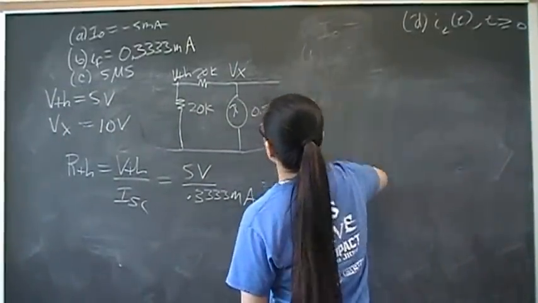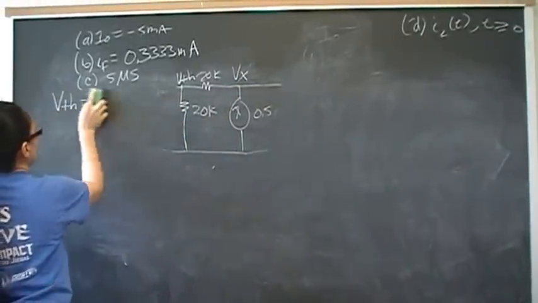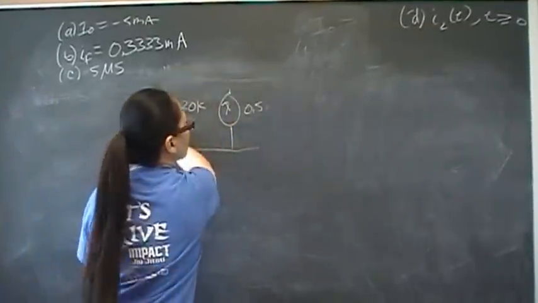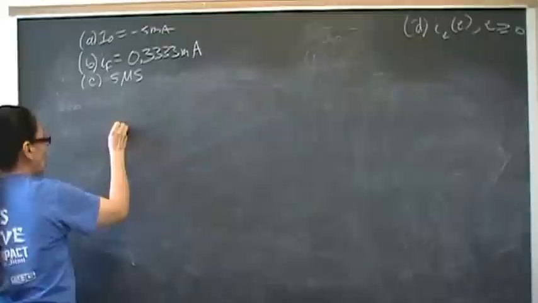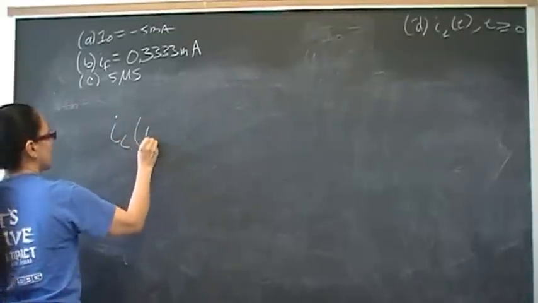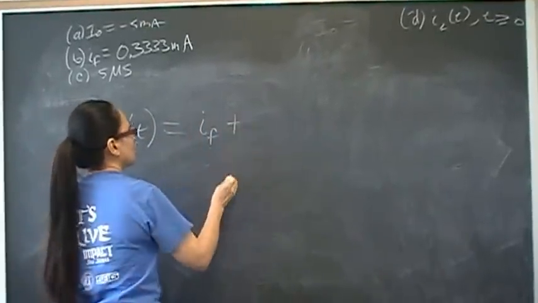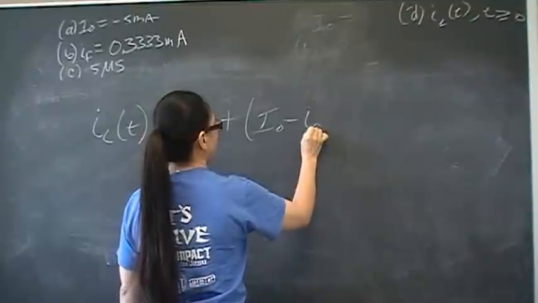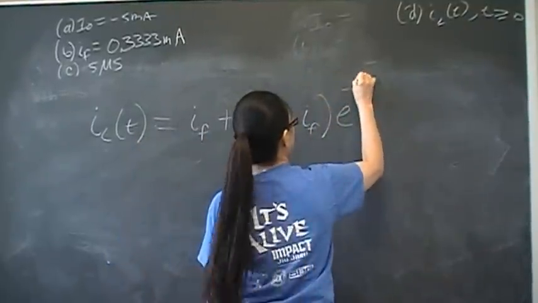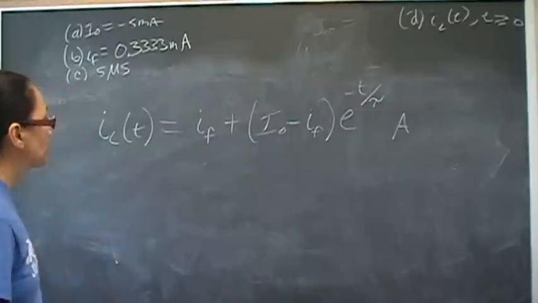Now we're going to put it all together to find the general equation for the inductor after the switching occurs. The general equation is always: IL after the switch closes is the final current plus the initial current minus the final current, times e to the minus t over tau, in amps.